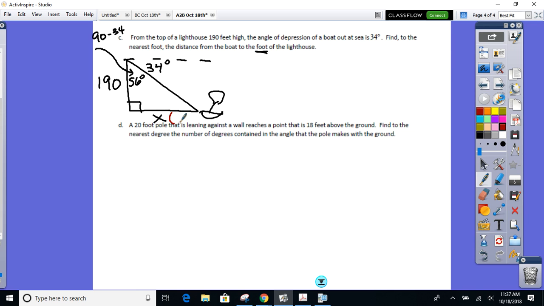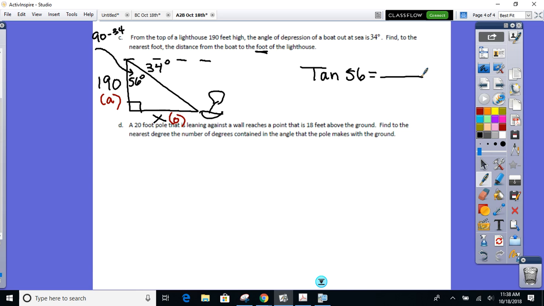X, opposite, adjacent, hypotenuse, to 56. X is opposite. What about the 190? Adjacent. What am I going to use with the opposite and the adjacent side? Tangent. Tangent of what's your angle? 56.